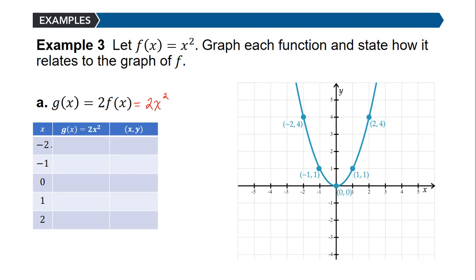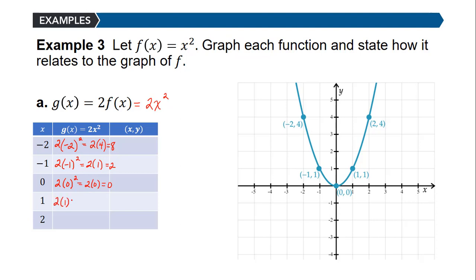If we plug in -2, we would have 2 times -2 squared. Order of operations is we have to square first, so that's 2 times 4, which is equal to 8. Substituting -1, we get 2 times -1 squared, which is 2 times 1, or 2. Substituting 0, 2 times 0 squared is just 2 times 0, or 0.